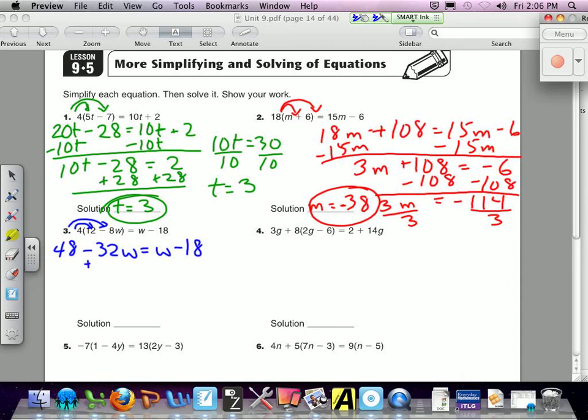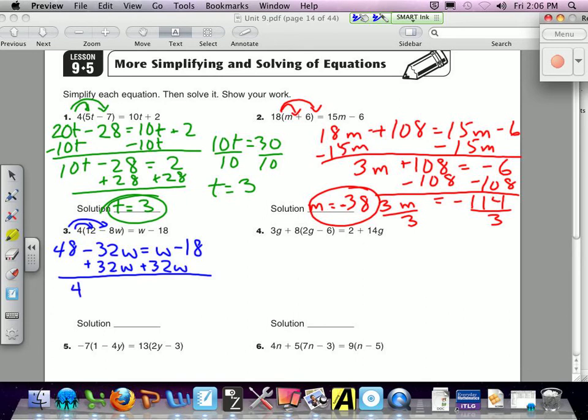Now, when I first looked at it, it didn't jump out at me, because typically I like to get rid of what I think is the smaller one, but subtracting 32w can be thought of as adding negative 32w, so negative 32w is smaller than a single 1w. So anyway, if that's your choice, you would end up with 48 equals 33w minus 18.